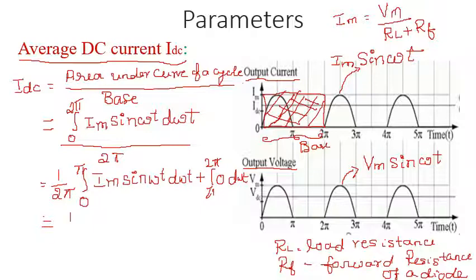So integrating, 1 by 2 pi, this is minus cos omega t with limits 0 to pi.